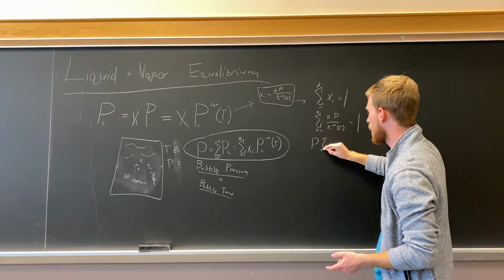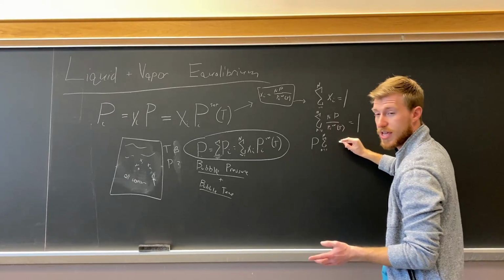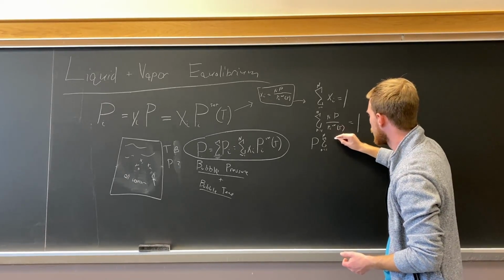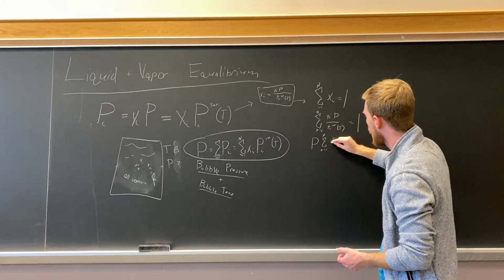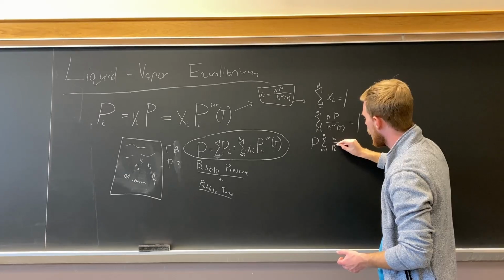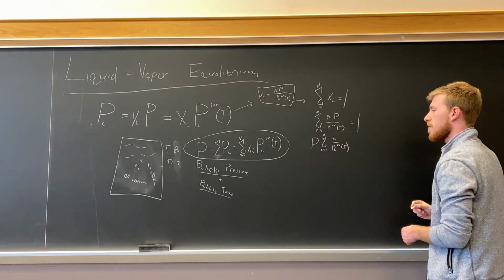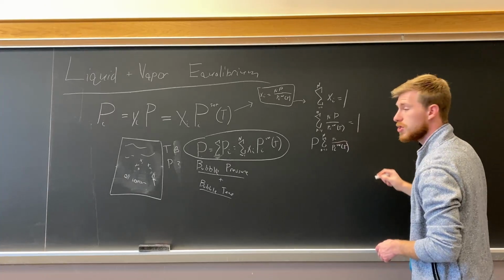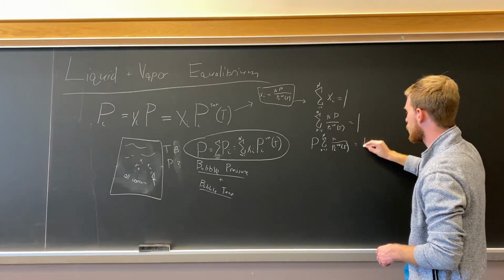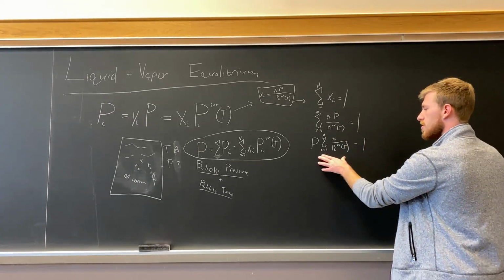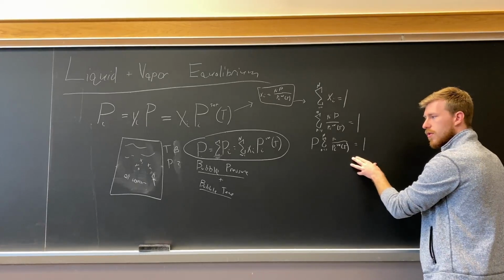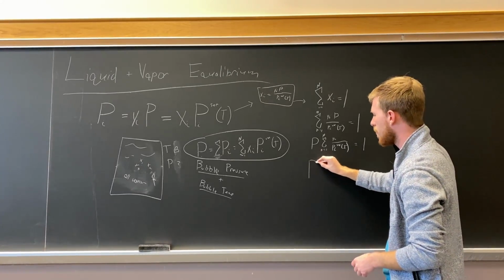So we have our sum from n equals 1 to capital N, which again is the number of components in our mixture, of y_i over P_i sat as a function of T, that mole fraction in the vapor over the saturation pressure of each substance as a function of temperature, is equal to 1. Now all we have to do is divide this over to find our pressure.